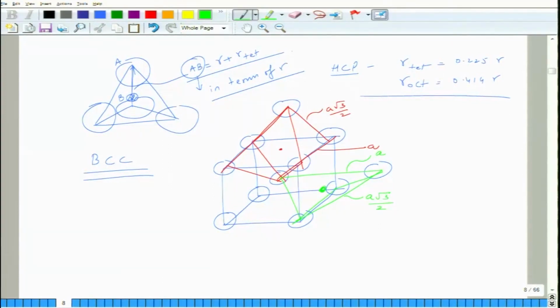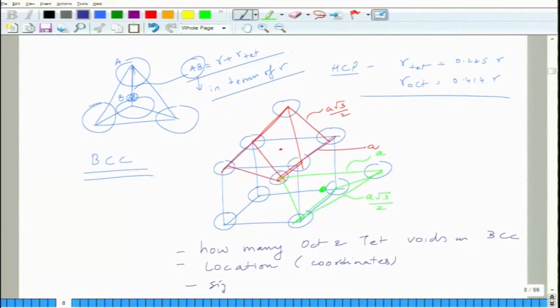I will leave it to you as homework: how many octahedral and tetrahedral voids are there in BCC, determine their exact locations in terms of coordinates, and the size of these voids in BCC.